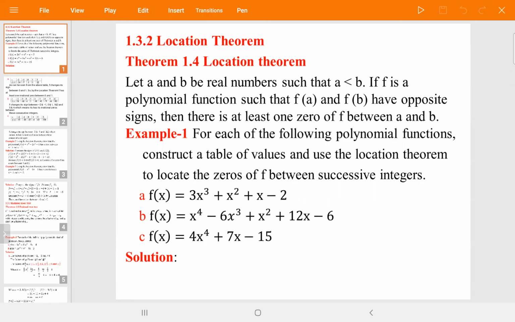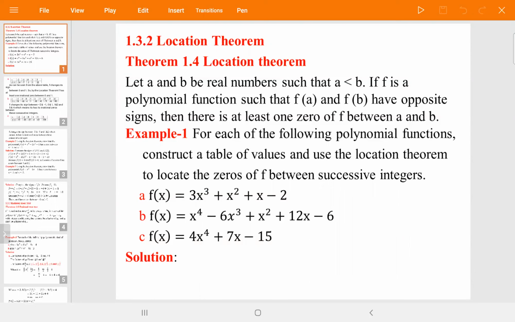For example, the first one, its leading coefficient is positive. If the leading coefficient is positive, a polynomial, even or odd degree, is rising on the right extreme. On the right extreme means as the value of x is increasing, 1, 2, 3, 4, etc., then its graph is rising, or the value of f of x is rising.